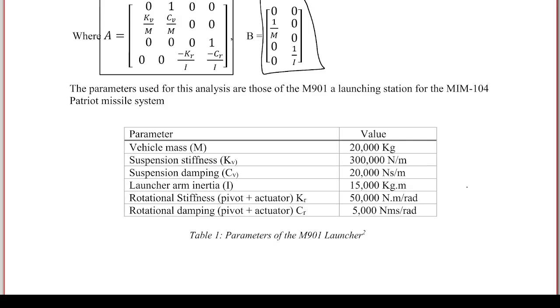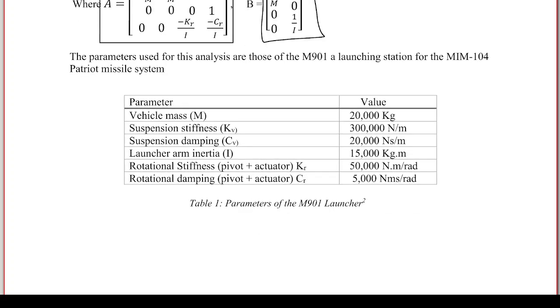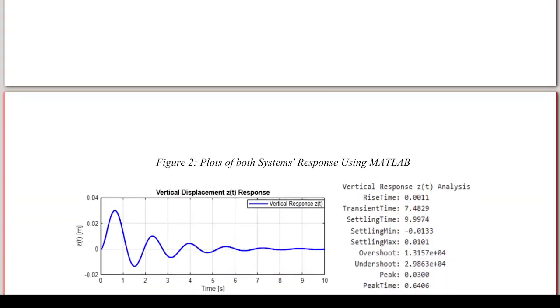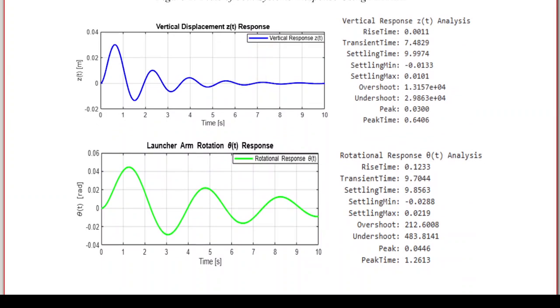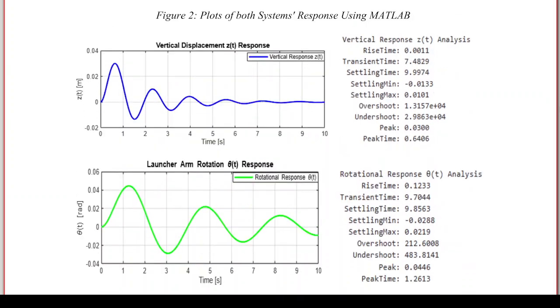Once we got those values from the Army Recognition website, we plugged them into our second order equation and plotted our vertical displacement and our rotational displacement using MATLAB. Those are the plots that we have.